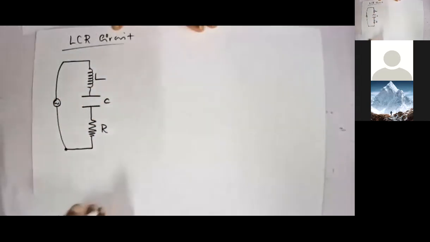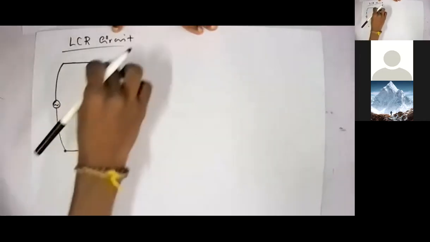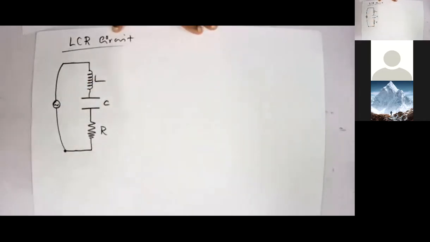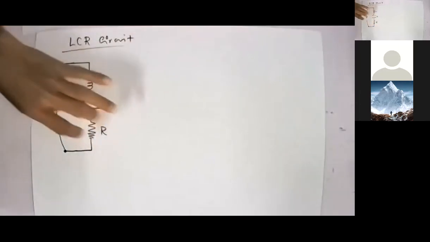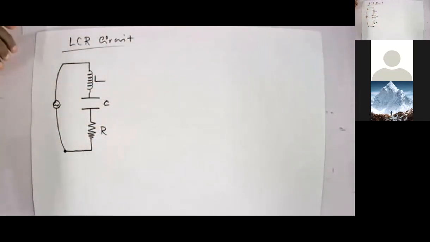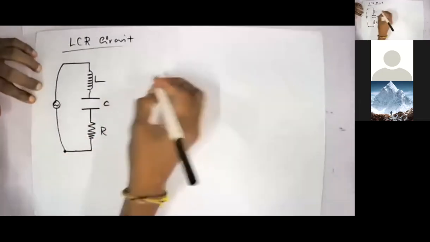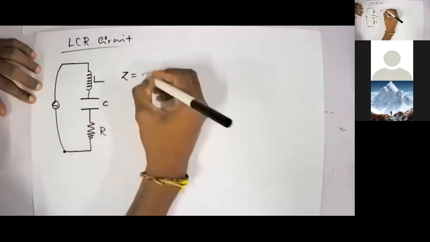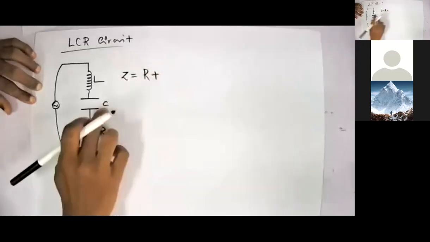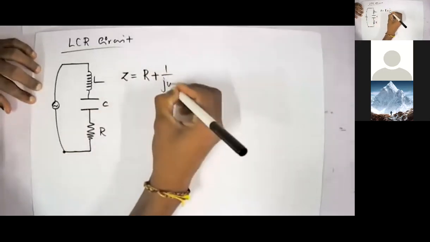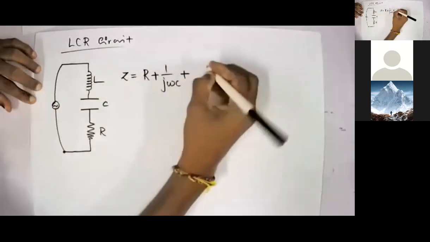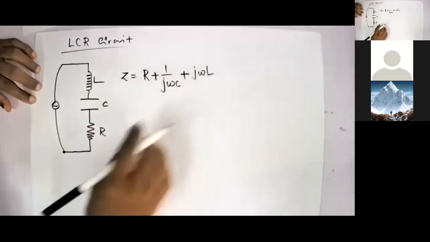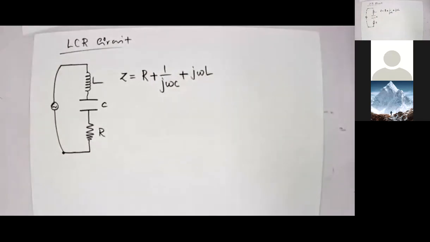Now, shall we write down the total impedance offered by this LCR circuit? So I can write Z equals R plus 1 over j omega C plus j omega L. Am I right?